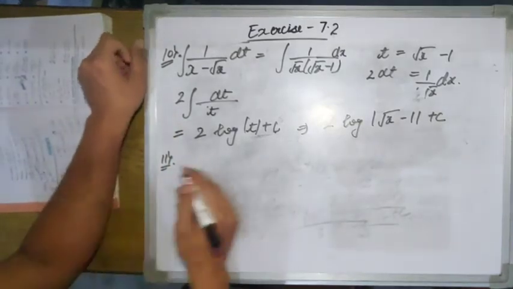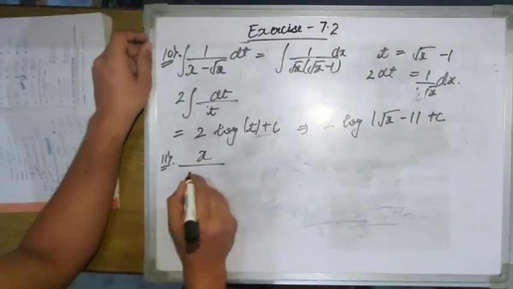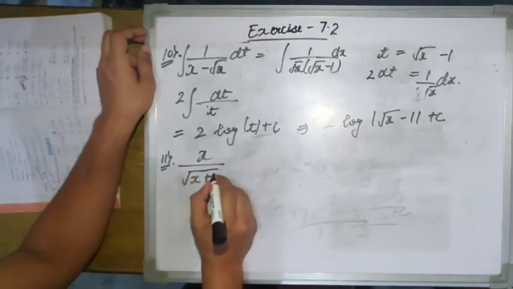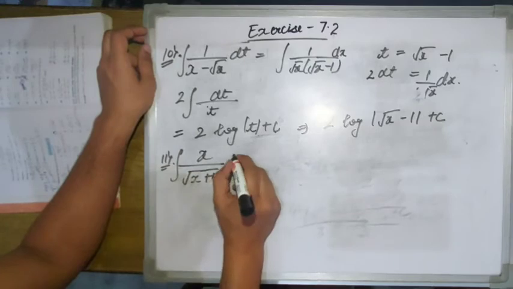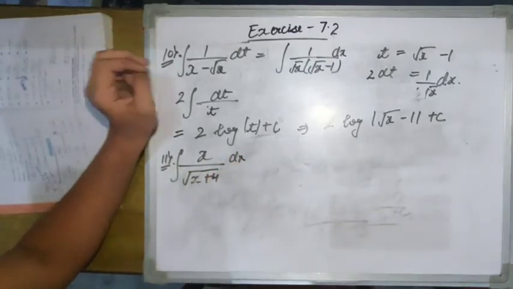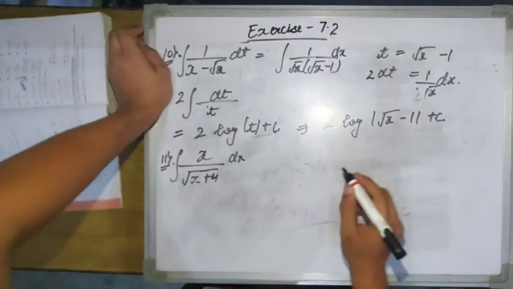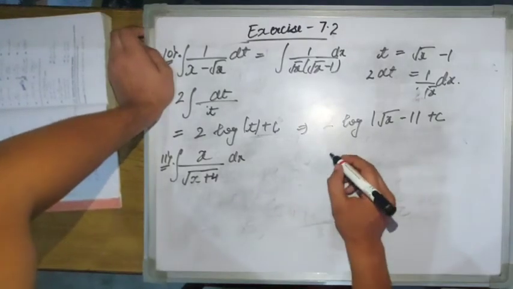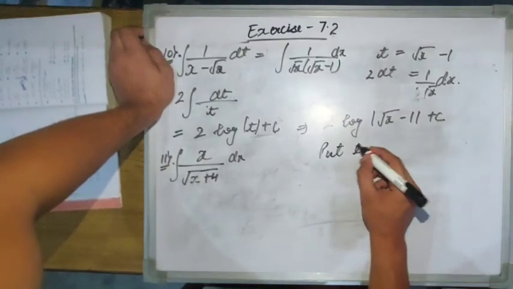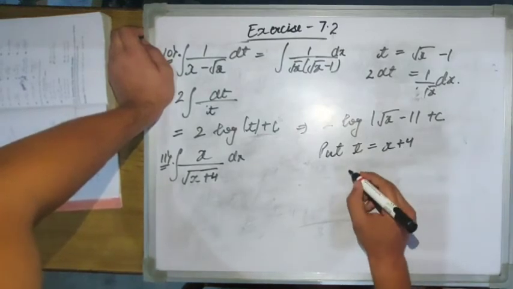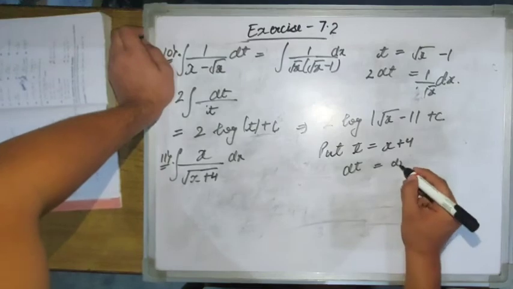The 11th question is x upon root x plus 4. This 11th question is very similar to the 7th question. Still I'm doing it for you guys. Put t equals x plus 4, dt equals dx.